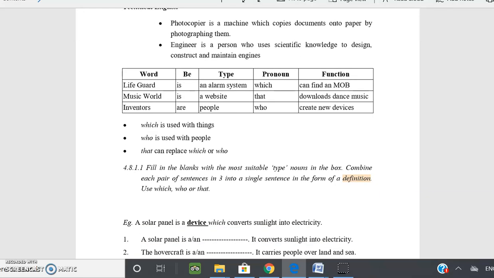First, you have to start with the exact noun: lifeguard, music world, inventors. Immediately the be form, is, are, so it is present tense. Then what it is: a system, a website, people. Again you have which, who, that. So functioning should come, and later what it is made of.